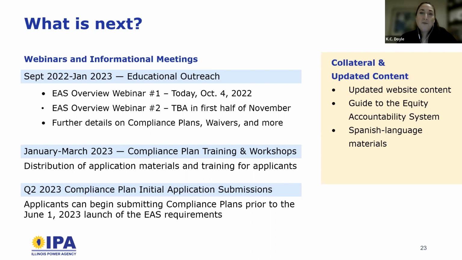Then in Q2 2023, that's when compliance plan applications will need to start getting submitted, and we'll be sending out reminders on the deadline, which is June 1st, 2023, and providing additional support during that time as well. Also of note, our updated website content, the guide to the equity accountability system, and Spanish language materials are also on deck to be added as further support. Next slide.